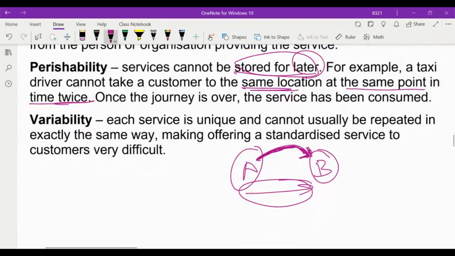Next is variability. Now, services are not unique to every person. Services may differ from the receiver's point of view and the provider's point of view also. Each service is unique and cannot usually be repeated in exactly the same way, making offering a standardized service to customers very difficult. So services are very variable in nature.